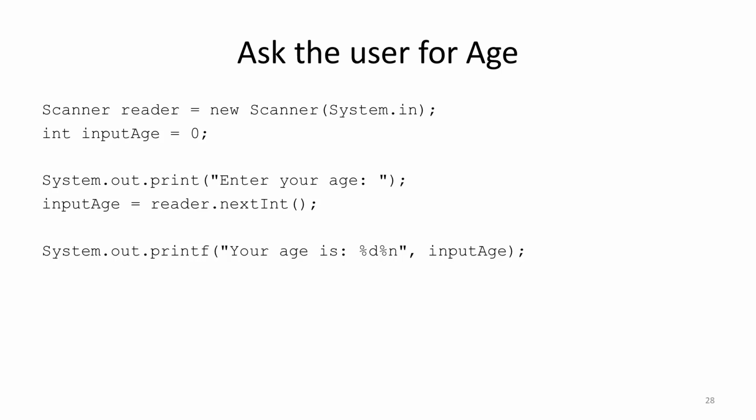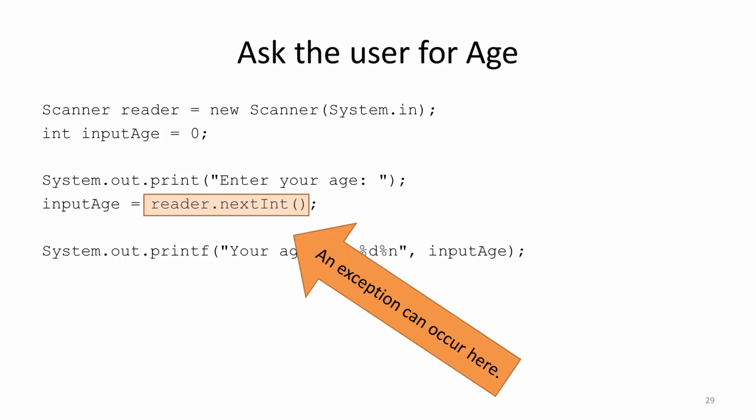So that method call tells the scanner to go get input from the keyboard as an integer and then store it in an integer variable inputAge. After that's done, I'll spit it right back out to the user. Your age is, and then I print out the variable. Now here, at this method call is where an exception can occur.